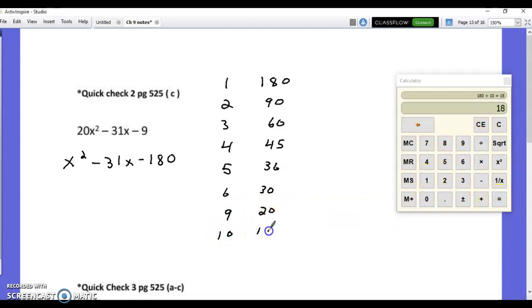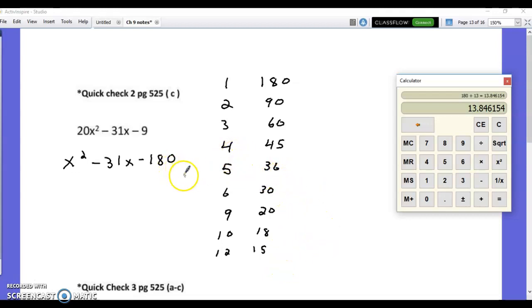There's a lot of factors here. 180 divided by 11, nope. 180 divided by 12, so I'm getting closer to my divisor, 12 and 15. Anytime my answer is getting close to what I divide in, I'm getting close to being done. 180 divided by 13, nope, and that's 13, so I'm not even going to try 14. I know it's not going to work.